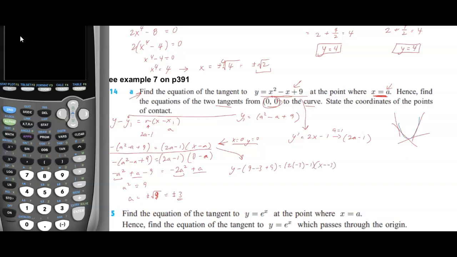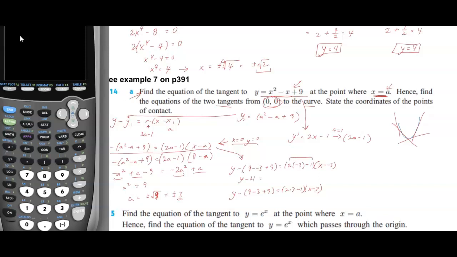And then the other one would be with positive 3. So it would be y minus 9 minus 3 plus 9 equals 2 times 3 minus 1 times x minus 3. So let's simplify both of these. This would be 9 plus 3 plus 9, which would be y minus 21.